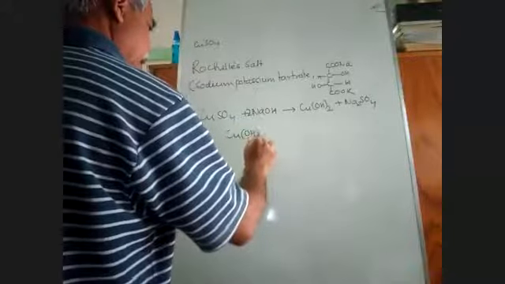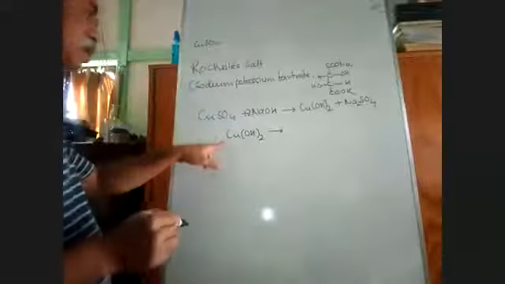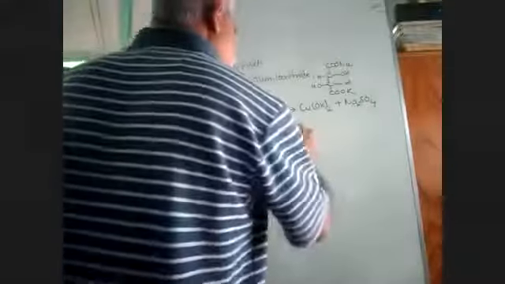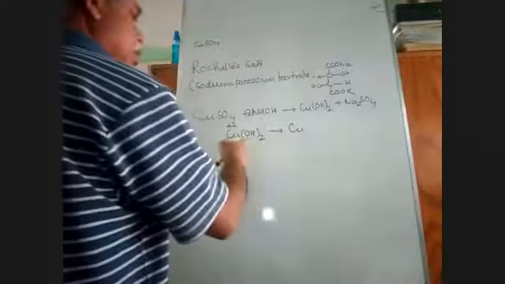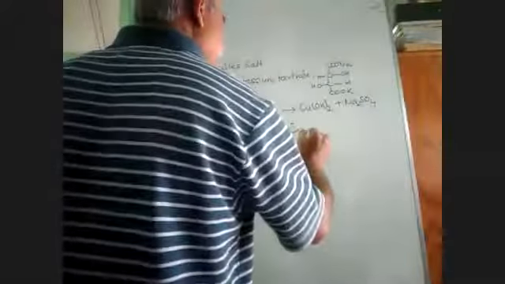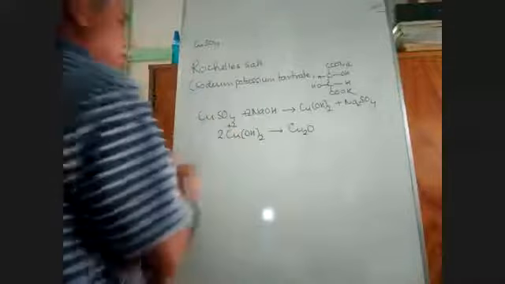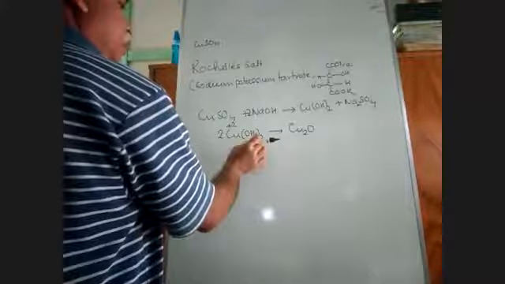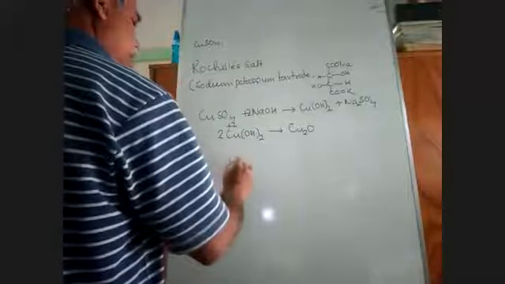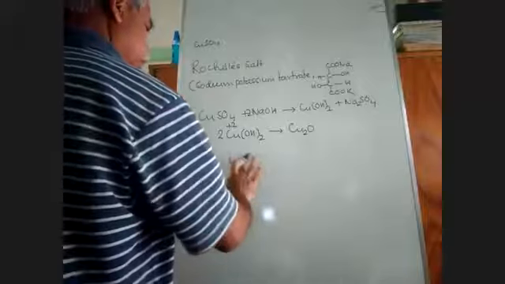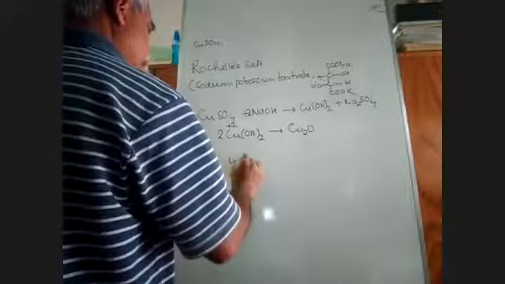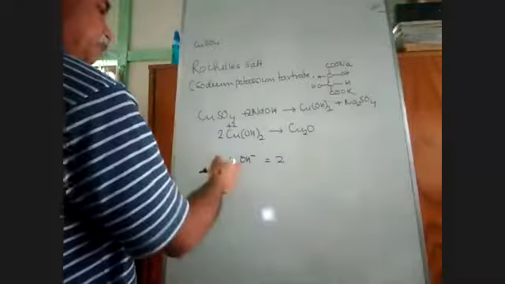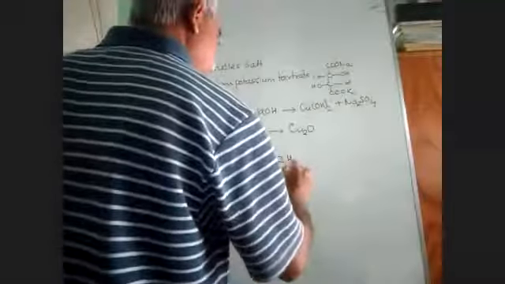So in that case, what happens now? See, in this case, the oxidation state of copper is +2. So out of the 4 OH, try to understand, I can write here 2H2O.